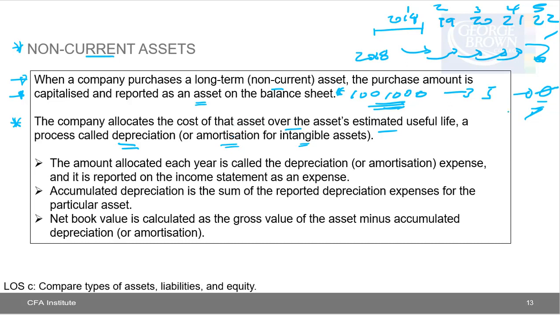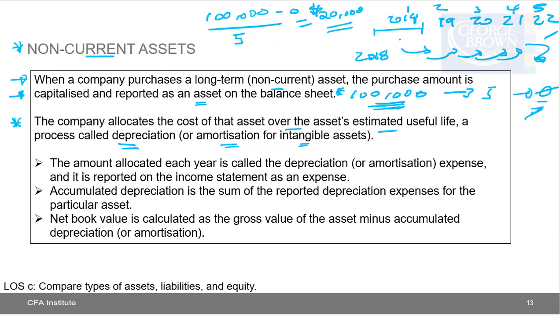So in this example that I'm giving to you, you can see I'm going to use a truck that cost me $100,000, and I'm going to subtract the salvage value, which is 0, and I'm going to divide it by the number of years of the estimated useful life, and I'm going to have $20,000 per year depreciation expense, okay? So each year on my income statement, I'm going to have a depreciation expense of $20,000.